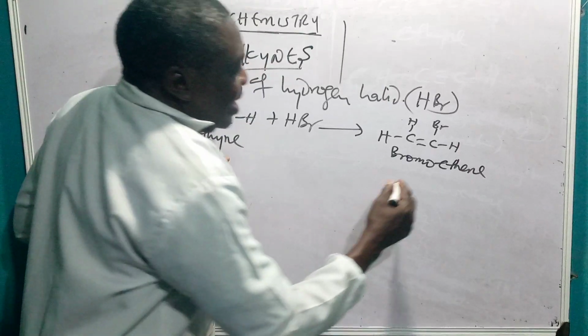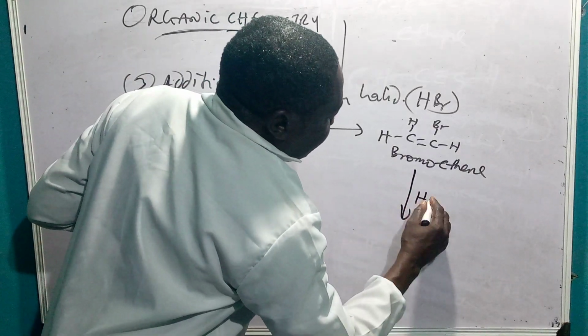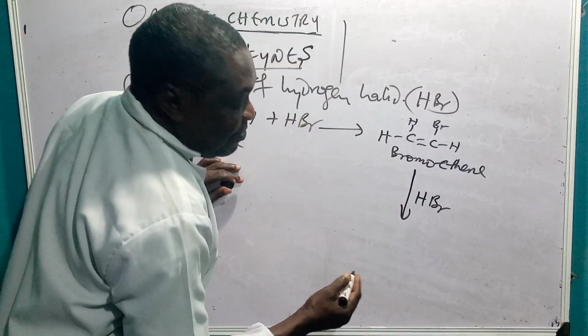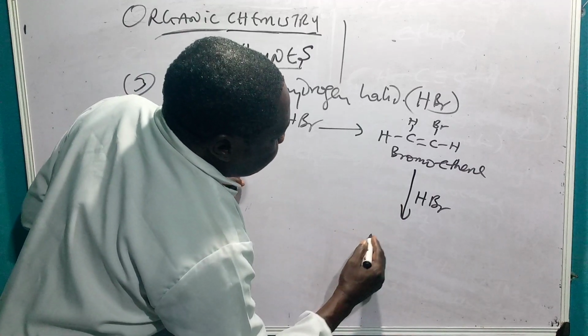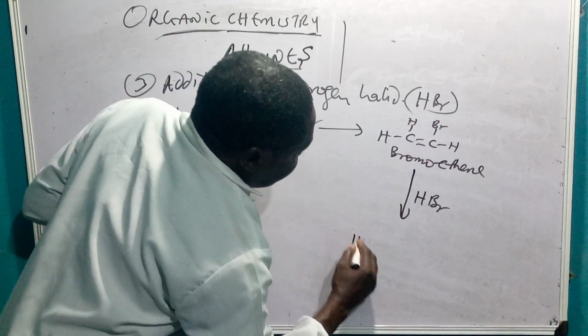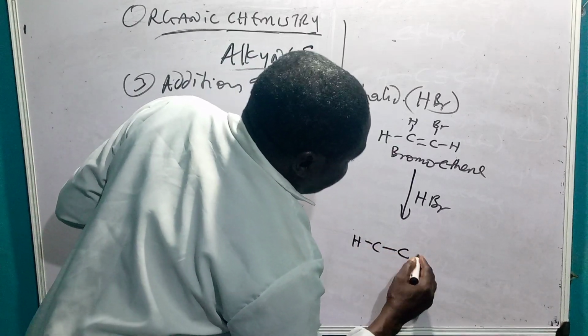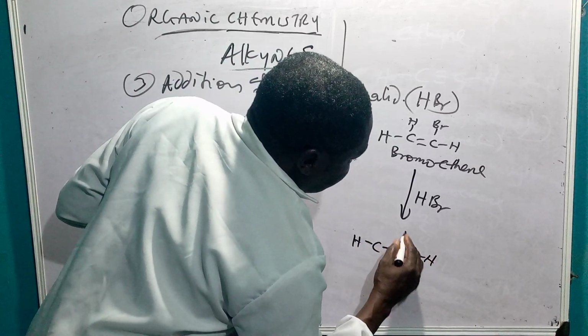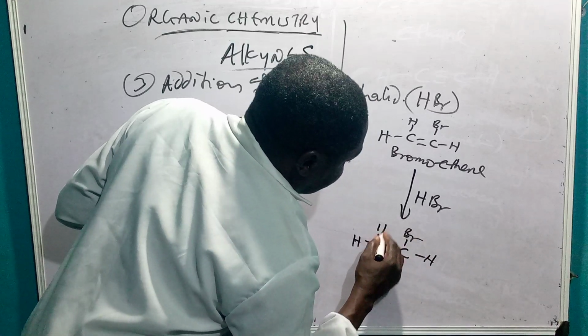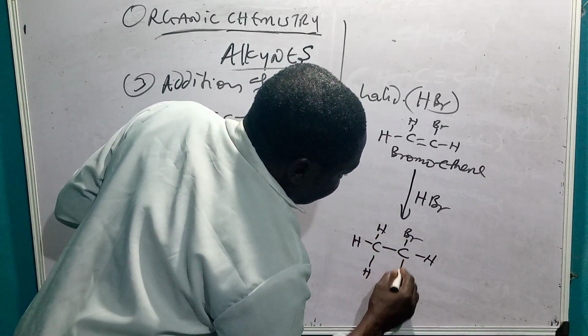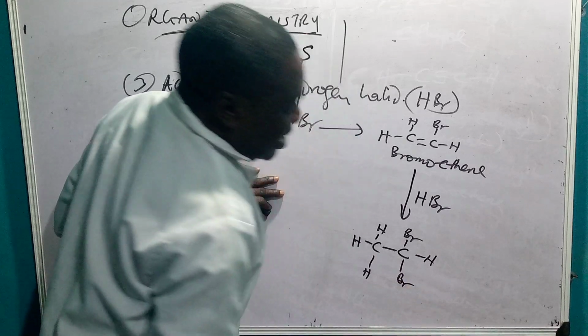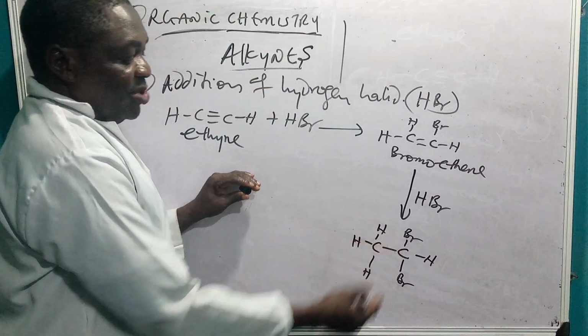So we add another hydrogen bromide to this, HBr arrow. I'm telling you about likely questions. So you have H to C, double bond, single bond, C to H. You have bromine here. You have hydrogen. You have hydrogen. You have bromine. Because according to Markovnikov's rule, this is how it should be.